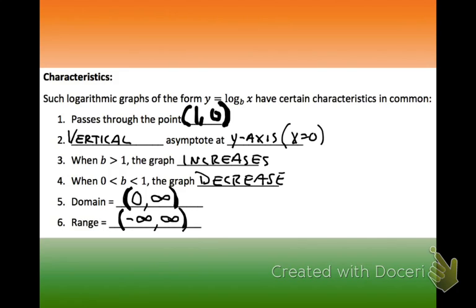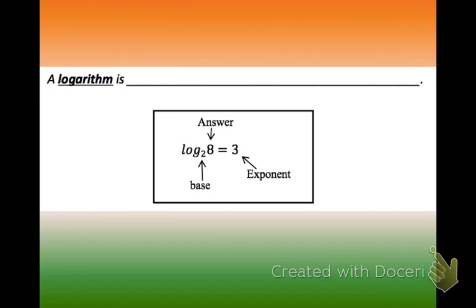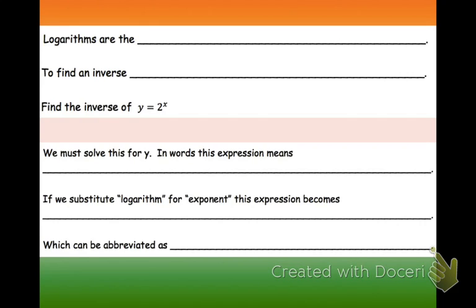The next thing I'm going to go through, I'm going to skip some parts here because they're kind of the same as what we did in the video yesterday. So a log is still an exponent. They're inverses. This is pretty much all the same stuff, so I'm skipping it to save some time here.